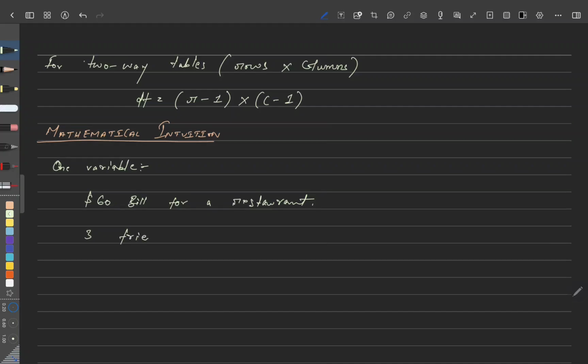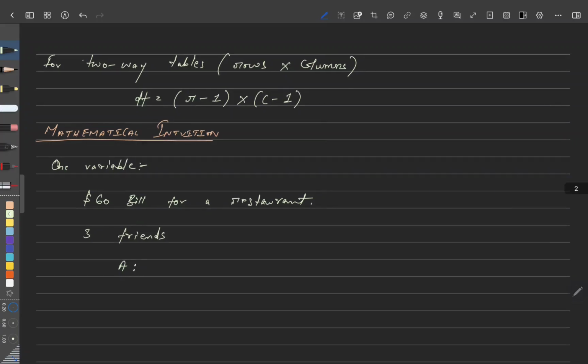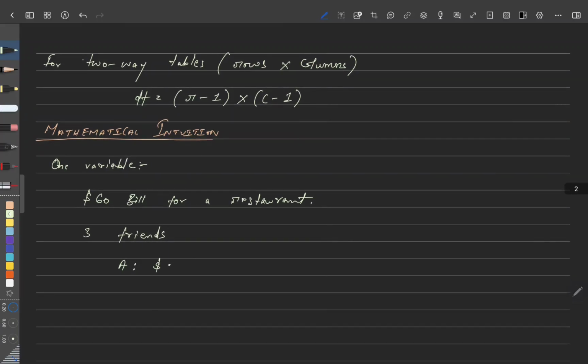Let's say we split $20 for friend A, $25 for friend B, and friend C would automatically get $15 because that is the remaining amount out of $60.